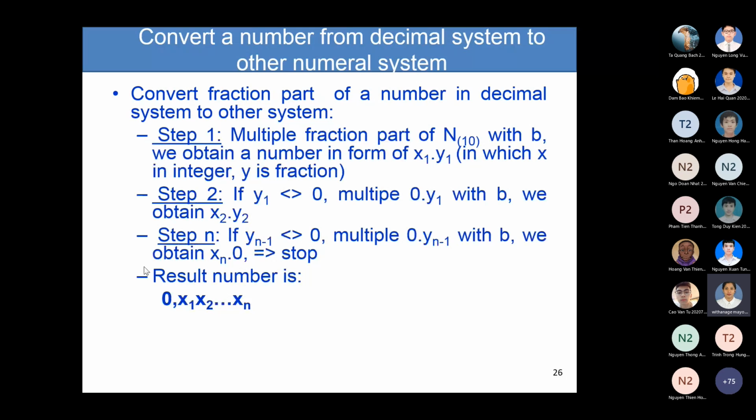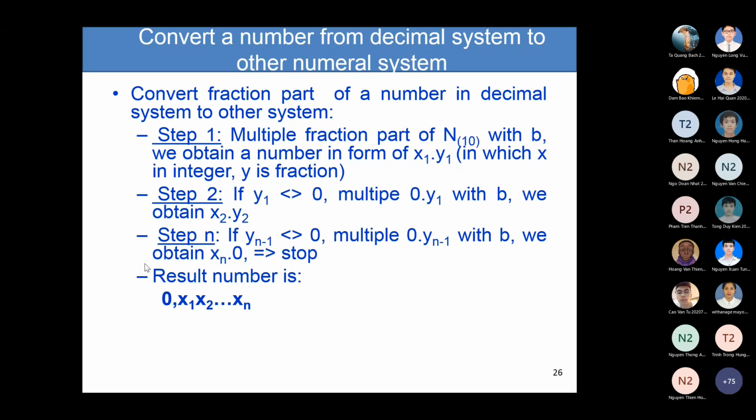For the fraction part, we use a different way. We multiply the fraction part in the decimal system by b, the base of the system, right? We multiply by b, so we obtain a result in the form x1.y1, in which x1 is the integer part and y1 is the fraction part.